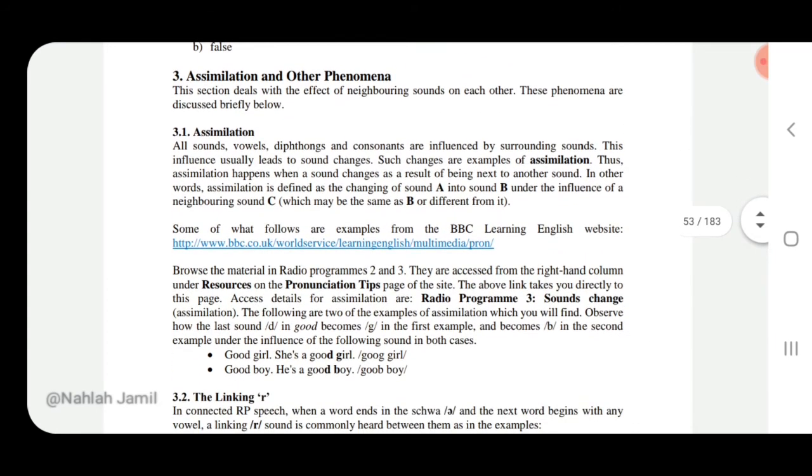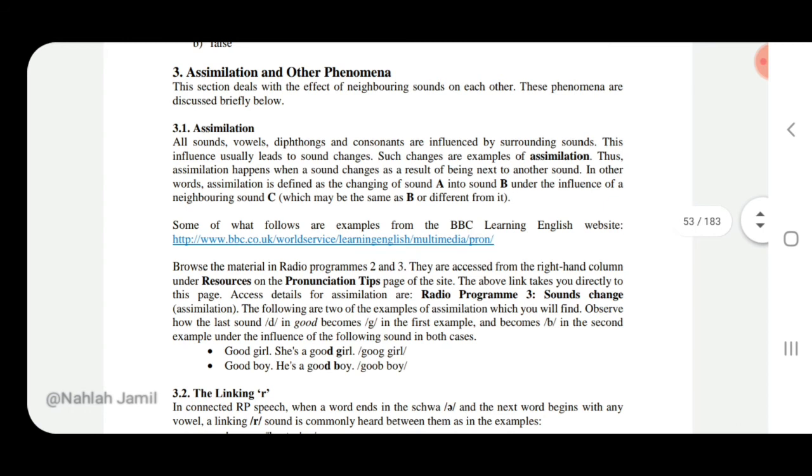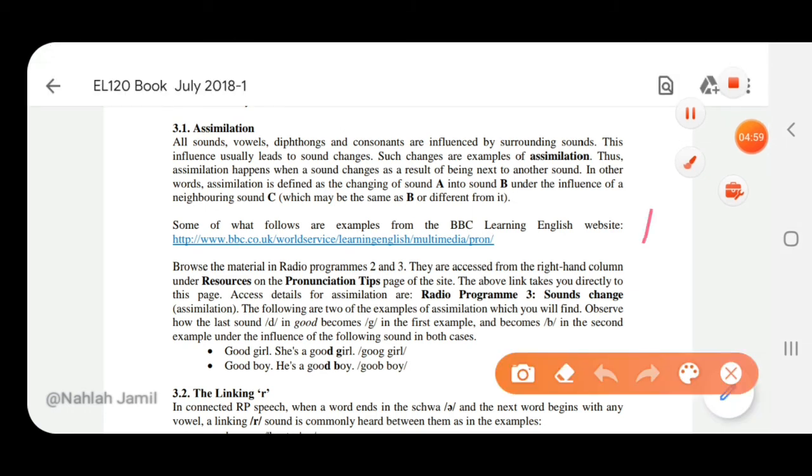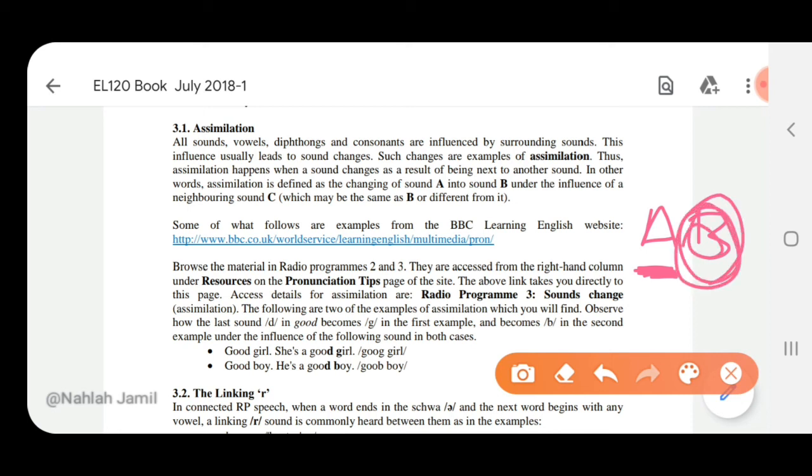Okay, now let's see what assimilation and other phenomena are. In assimilation, we are now doing phonology, so we are focusing on words and not on sounds. When two words come beside each other, for example word A is beside word B, if we want to pronounce A, how we pronounce A is affected by the B that is beside it.